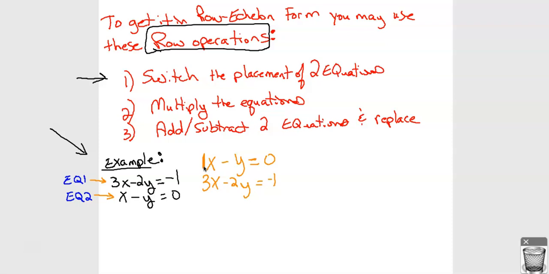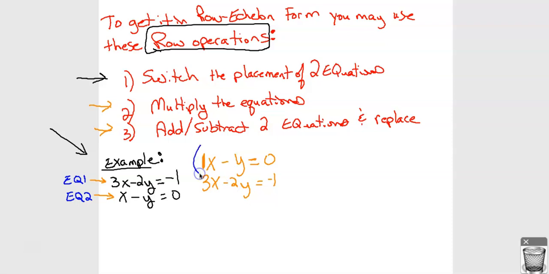Now, our next thing is that we could multiply the equations or add and subtract the two equations. So you're basically going to start using the elimination process. We eventually want this to be a 1 here too, so we can solve for it. So what we're going to do is eliminate the x's.